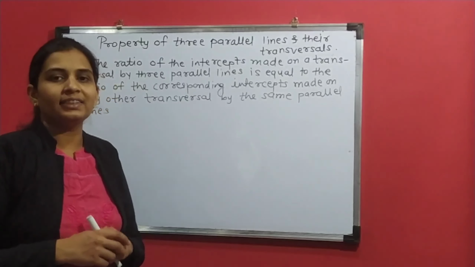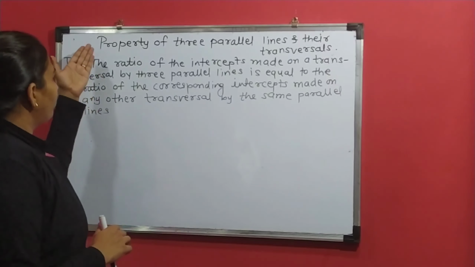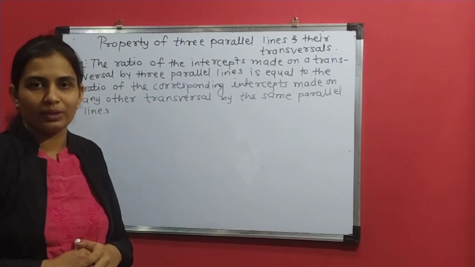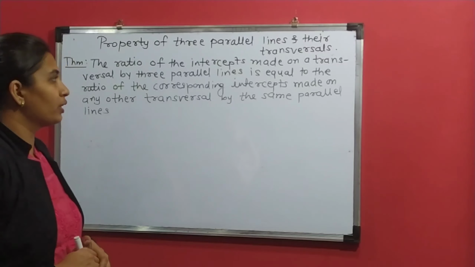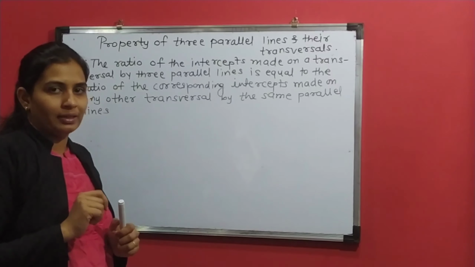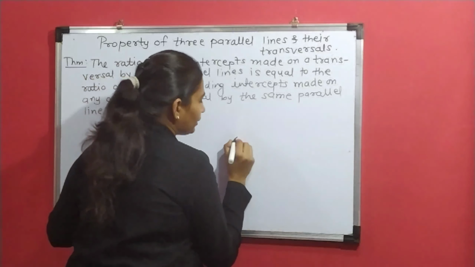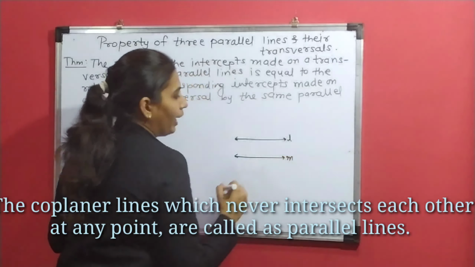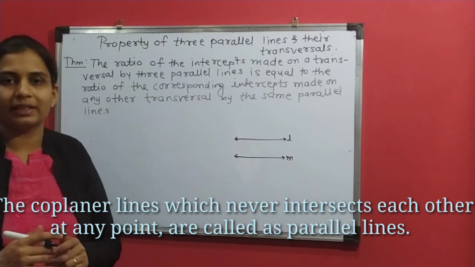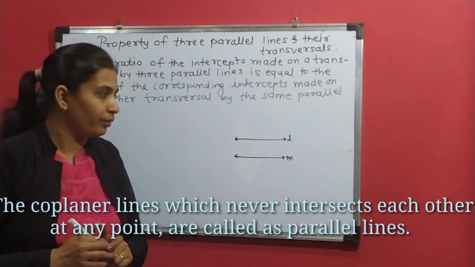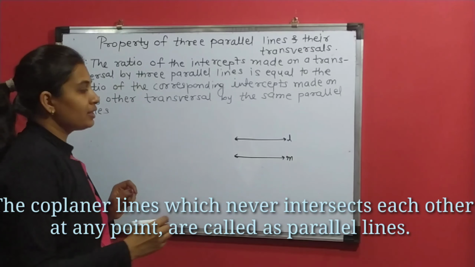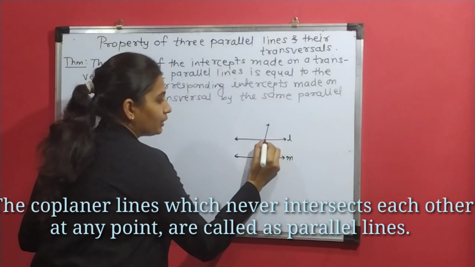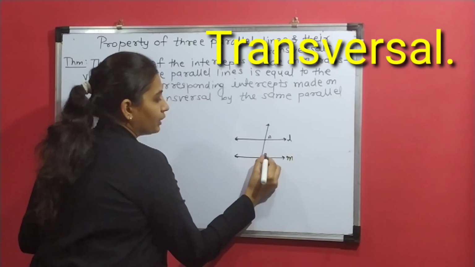Now next we have to study the property of three parallel lines and their transversals. First of all students, we will study parallel lines. Parallel lines, we know, are lines which are coplanar and which never intersect each other at any point. And a transversal means a line which intersects the parallel lines at distinct points.